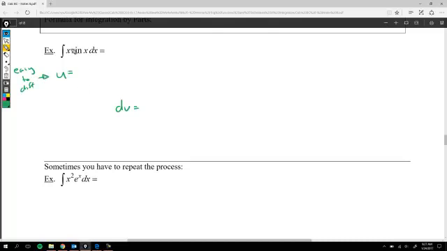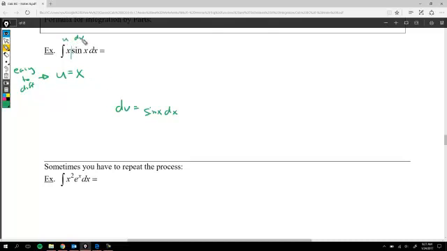It's better if what I pick for u will actually go down to zero if I take the derivative enough times. So I'm going to pick x for u, and whatever else goes for dv, so sine of x dx goes right here. I just split it up into u and dv.